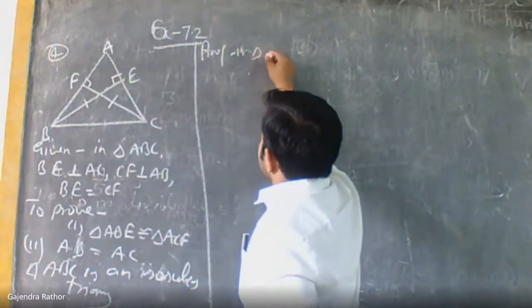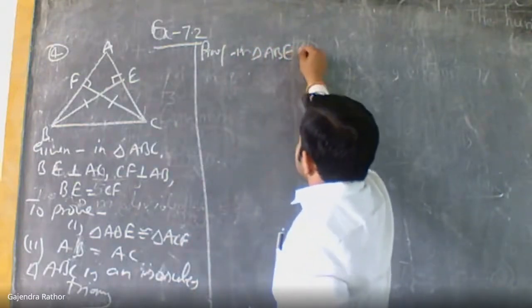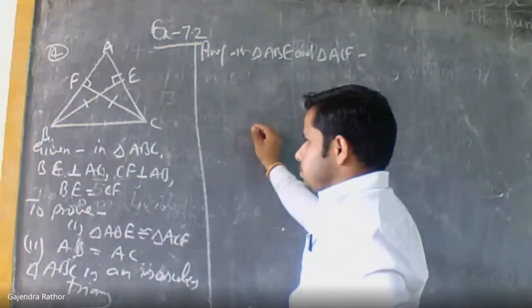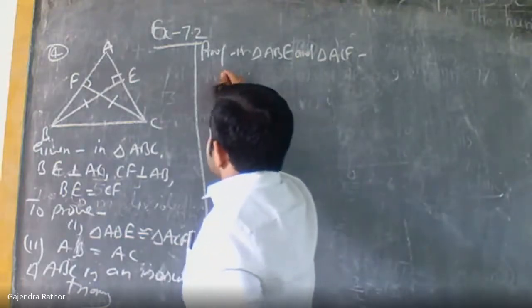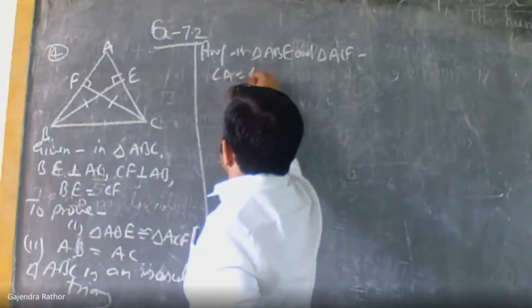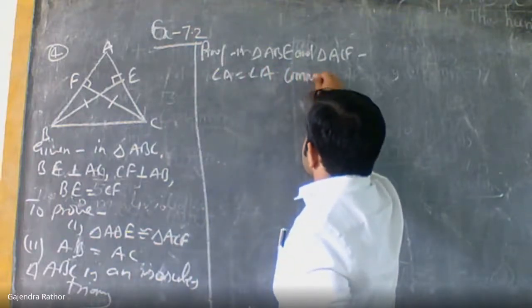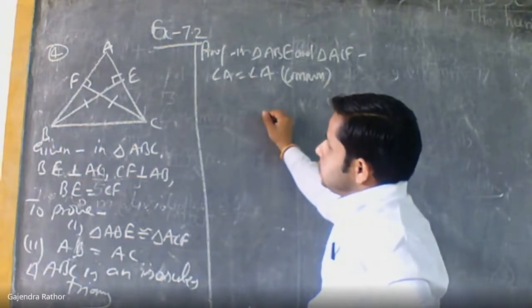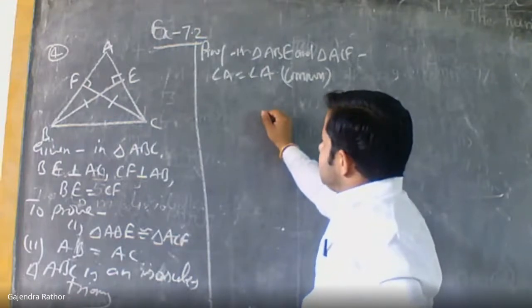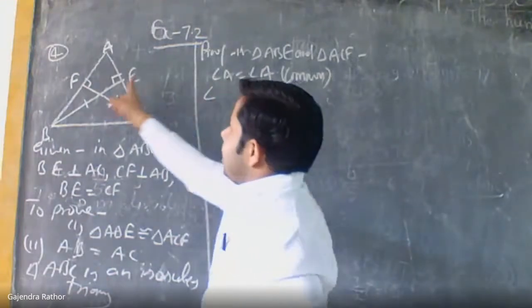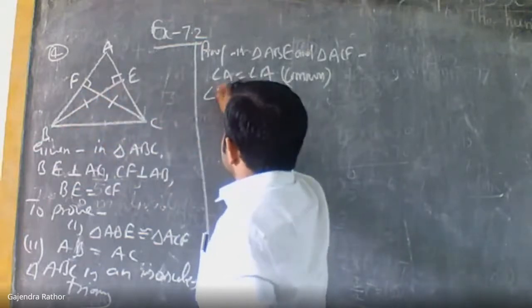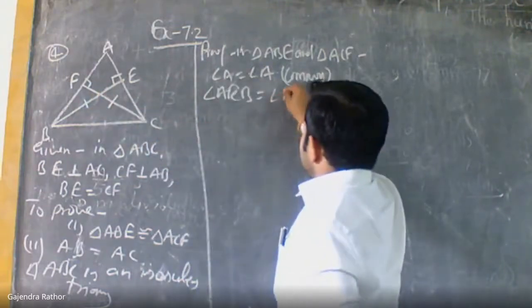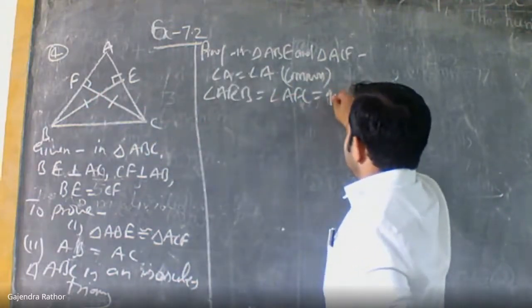So in triangle ABE and triangle ACF, first, angle A is equal to angle A, common. The next, angle AEB is equal to angle AFC, and AFC is equal to 90 degrees.